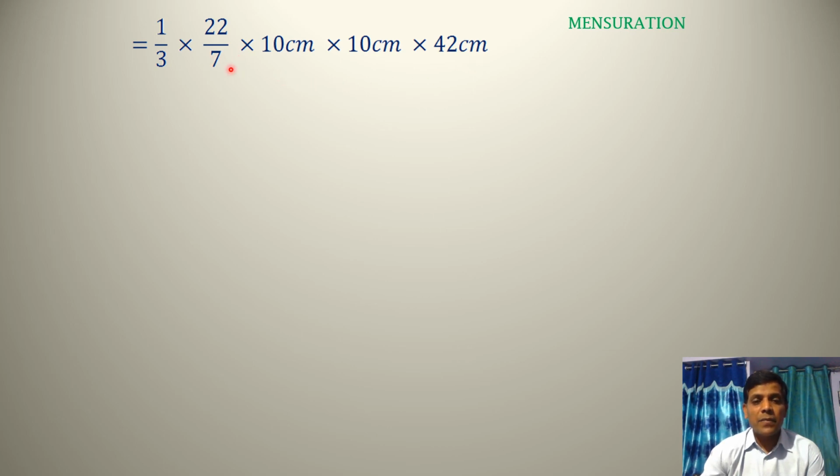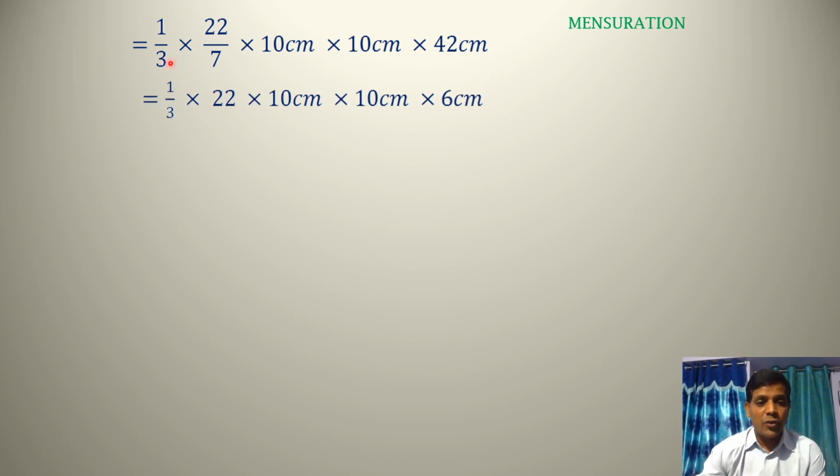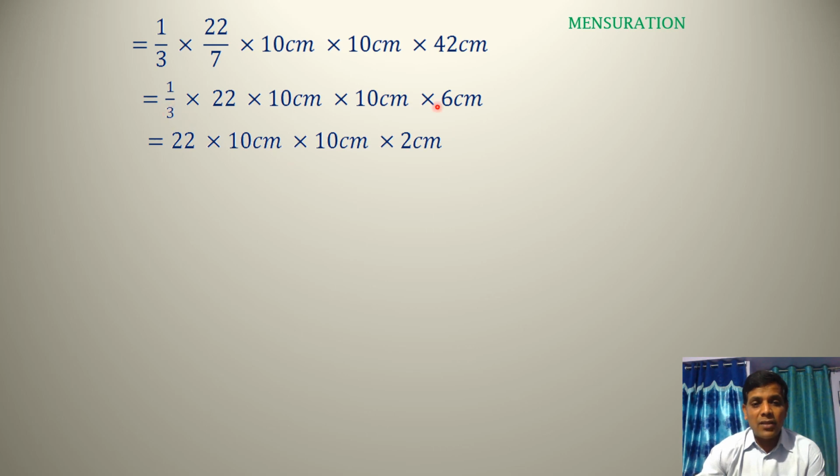7 ones are 7, 7 6s are 42. Centimeter into centimeter, centimeter cube. Next step: 1 by 3 into 22, because 7 ones are 7, 7 6s are 42. These two are cancelled. Remaining 10 centimeter, 42 centimeters means 6 centimeters. 3 ones are 3, 3 twos are 6, cancel.